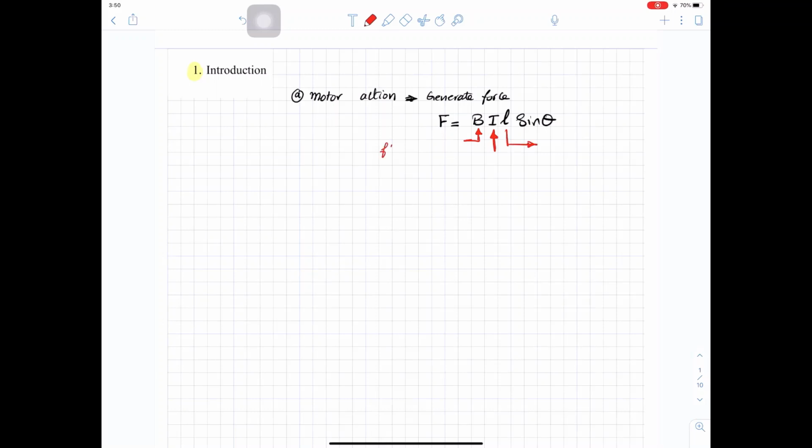So we need to have flux density, we need a wire or a conductor, and we need to supply a current to this conductor. If we manage to have a wire subjected to flux and carries current I, this wire will produce force F. And this is how we can produce a force.